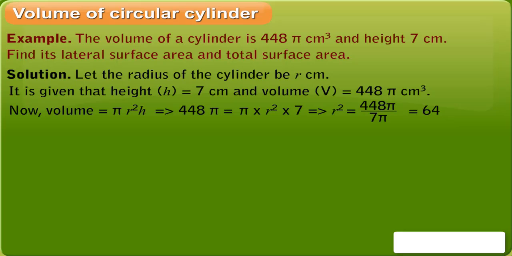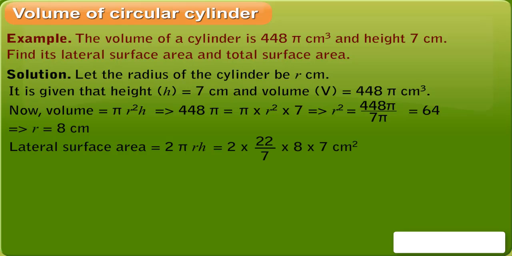Taking square root on both sides, this implies that r is equal to 8 centimeter. Therefore, lateral surface area is given by the formula 2 pi rh. Putting in the values here, 2 into 22 by 7, this is the value of pi, into r, which we have calculated as 8, into 7 centimeters square. This comes out as 352 centimeters square.